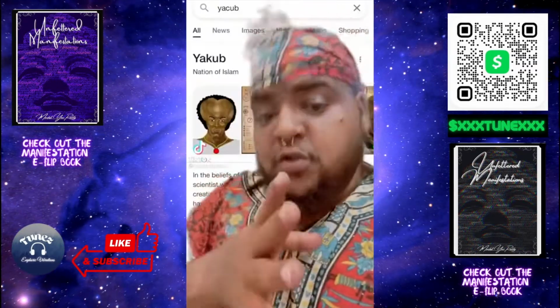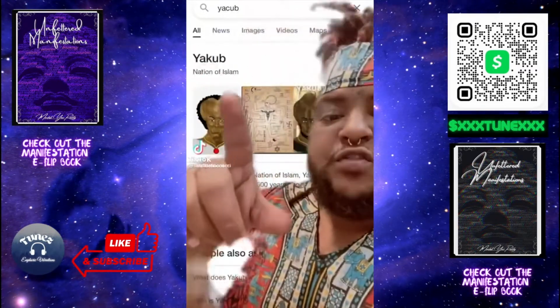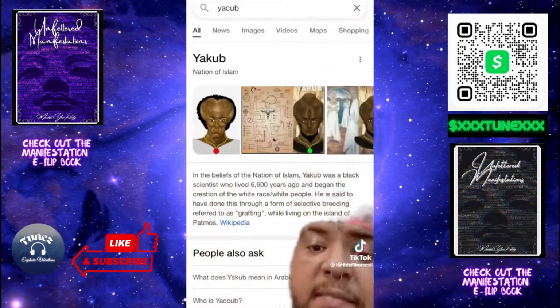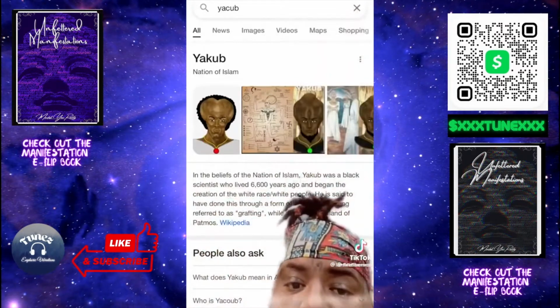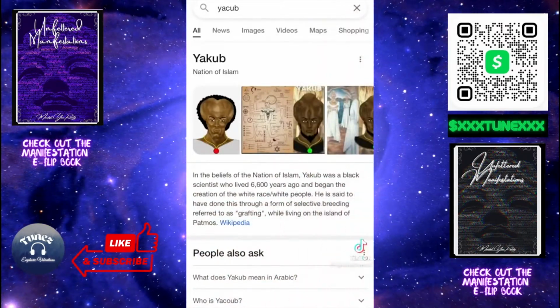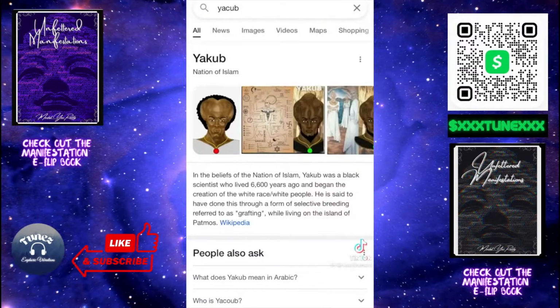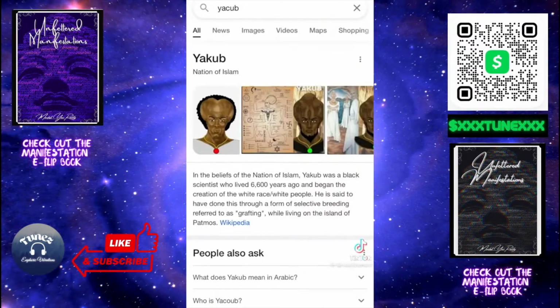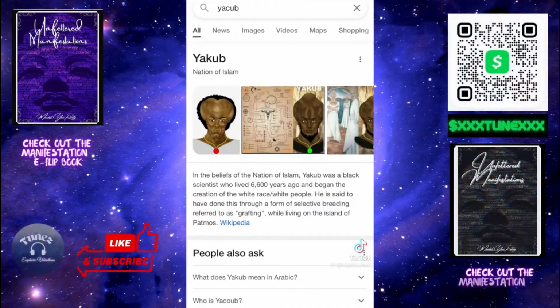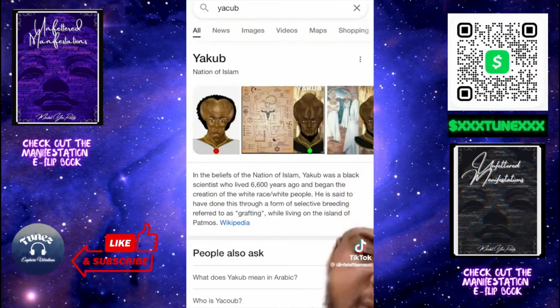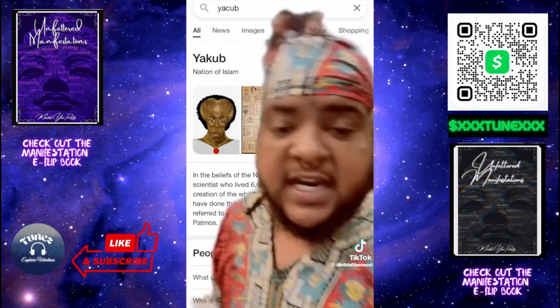So there's a story of a man named Yaqub. Let's see what Google says. In the beliefs of the Nation of Islam, Yaqub was a black scientist who lived 6,600 years ago and began the creation of the white race. He is said to have done this through a form of selective breeding referred to as grafting while living on the island of Patmos.